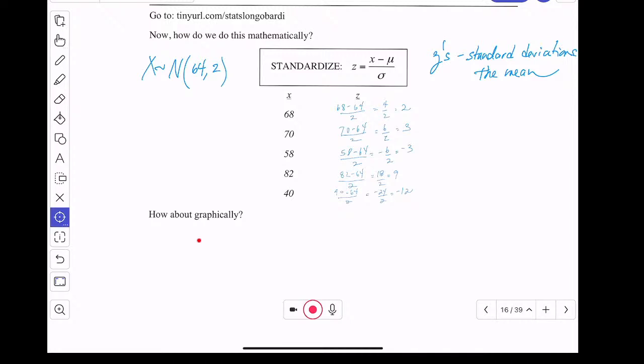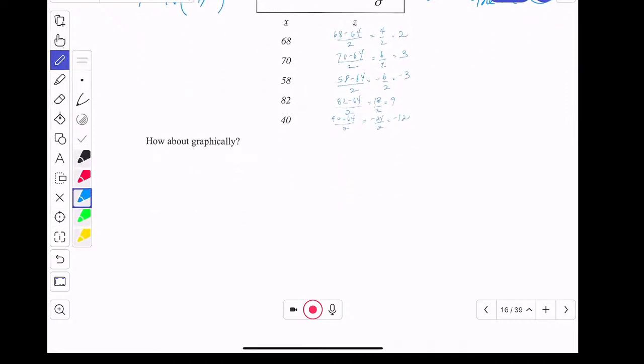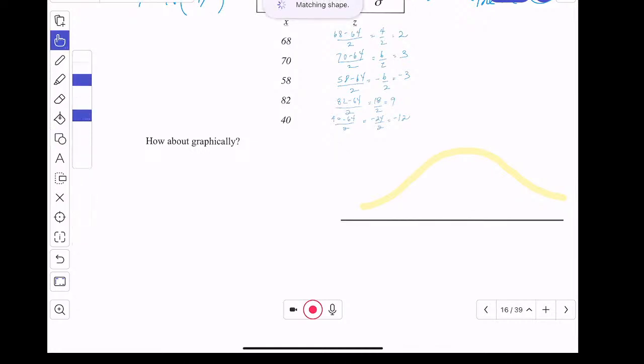So what is this I'm talking about graphically? Let's say we start with this distribution that is normal with a mean of 64 and a standard deviation of 2.